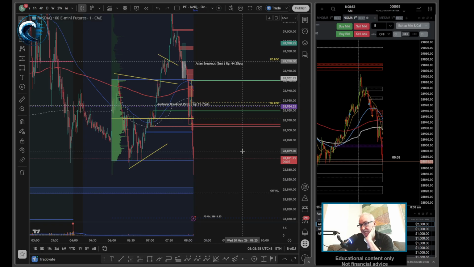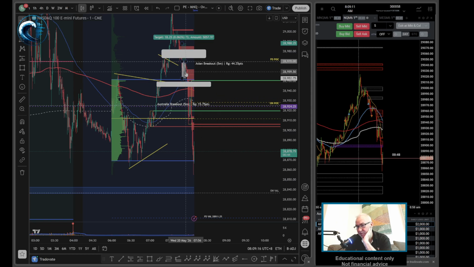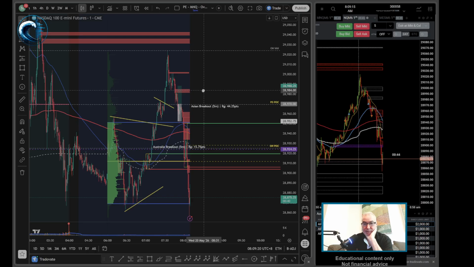So my A plus setup, according to AI, was short on the overnight and the previous day POCs, stop loss above 845. Sorry, what? No, 28,945.